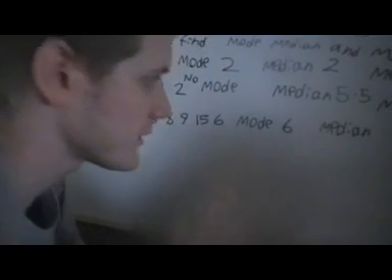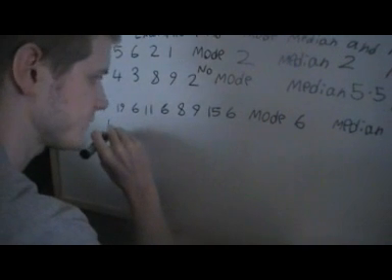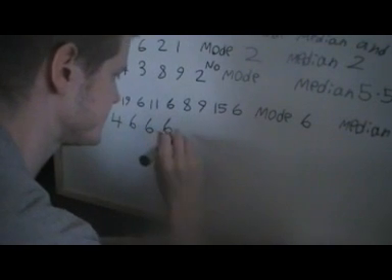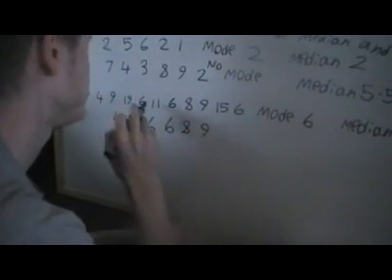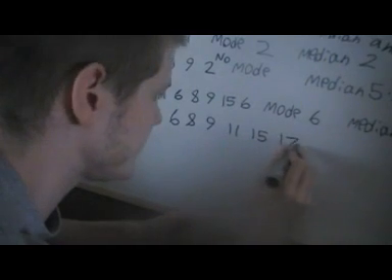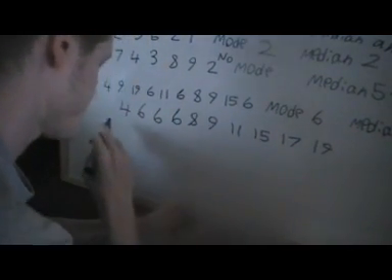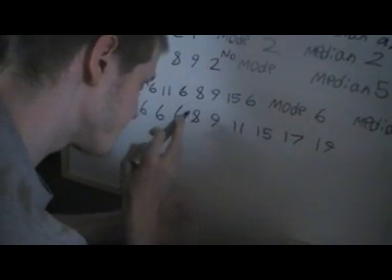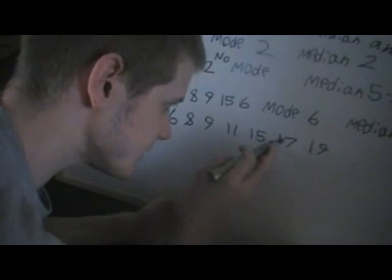And for this one, we've got the mode as 6, because that's the one that occurs the most. Median, we'll put them in order. We've got 4, 6, 6, 6, 8, 9, 11, 15, 17, and 19. We've got 1, 2, 3, 4, 5, 6, 7, 8, 9, 10 numbers.